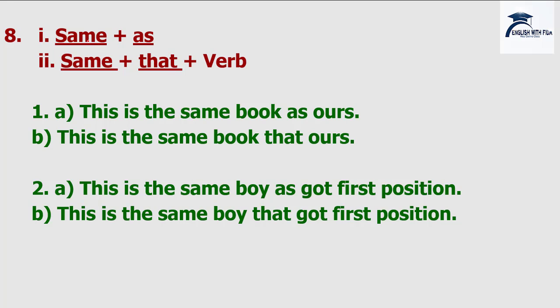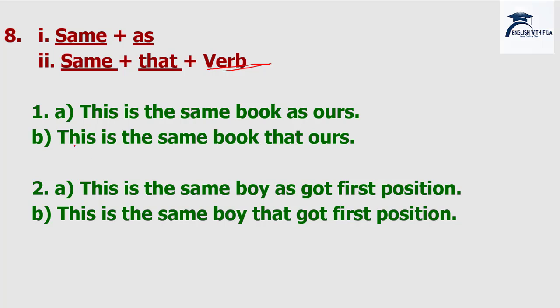Look at the pattern. The pattern is quite different. Same as or similar as is used to show similarity, example or comparison. The second pattern is same plus that with a verb. "This is the same book as ours." "This is the same book that ours." So you have to choose. If you have a verb, then use same that.